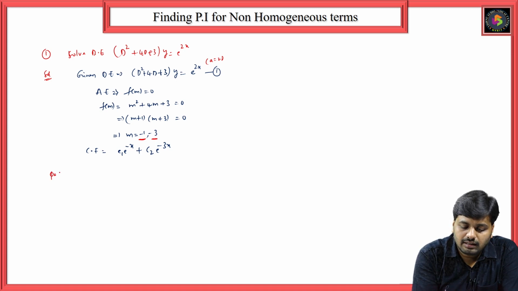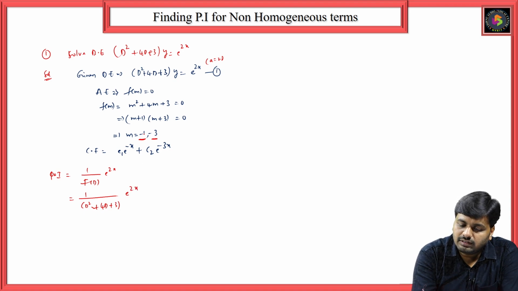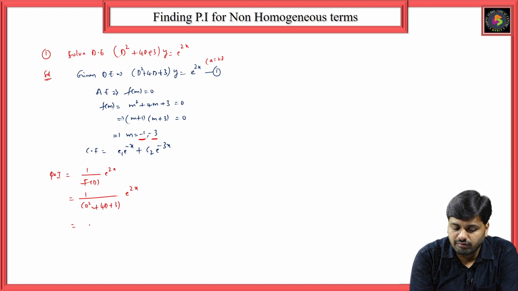Now the particular integral will be 1 by f of d of e power 2x, that is 1 by (d square plus 4d plus 3) of e power 2x. This 2 is not matched with the roots, therefore f of d is not 0. Put d equal to a, that is 2, in f of d.